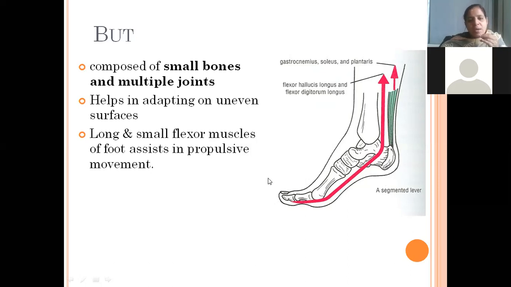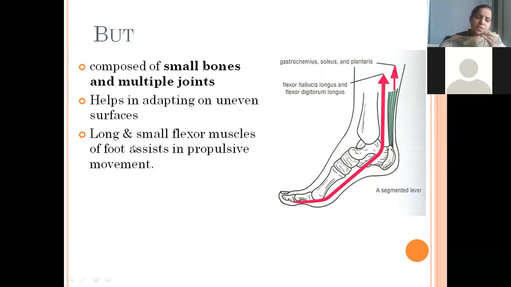All these are small bones, and each bone, suppose you consider navicular, proximally it is articulating with talus and calcaneum, distally it is articulating with the cuneiform bones. That means each bone is connected with many bones nearby. So it has multiple joints, which helps in adapting to uneven surfaces.